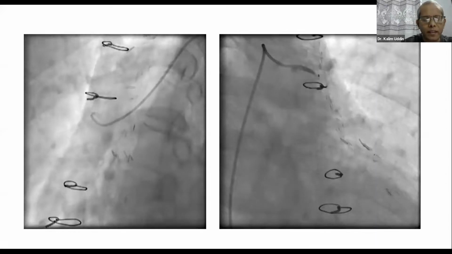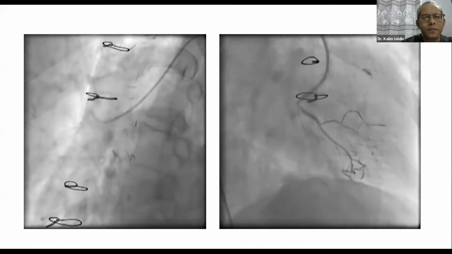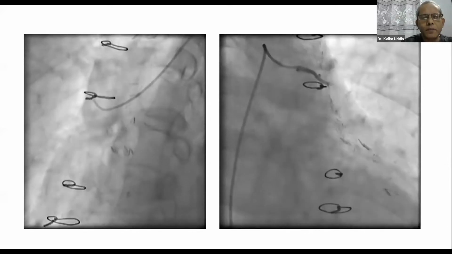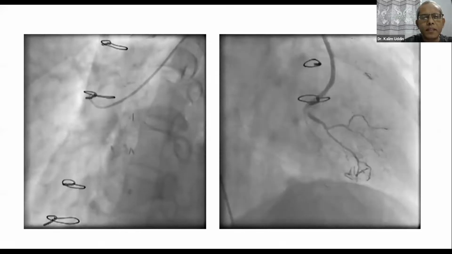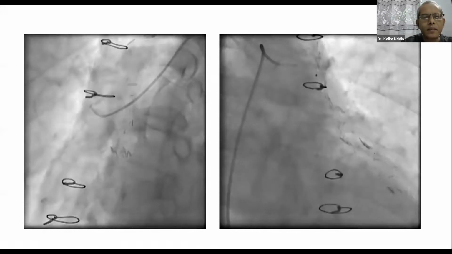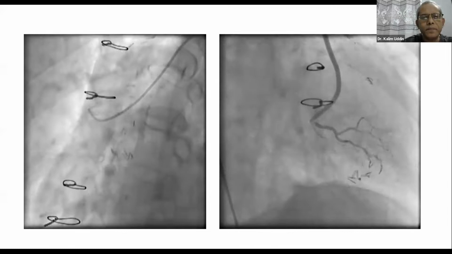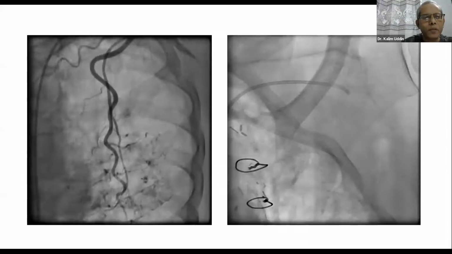Graft angiography showing SVG to PDA blocked and SVG to OM having 50% stenosis at the anastomotic site. LIMA to LAD blocked.